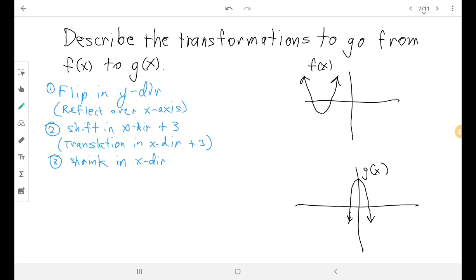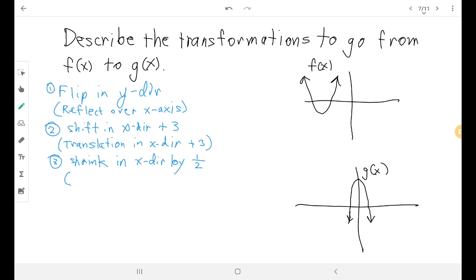And we have to talk about how much that shrink is. Shrink in the x direction by a factor of, let's say, 1/2. We really don't know exactly because it's really hard to tell that specific thing. But shrinking and stretching, if you see it, you're going to have to make a table if you're trying to graph it, unless you just sketch it comparatively with the parent function.